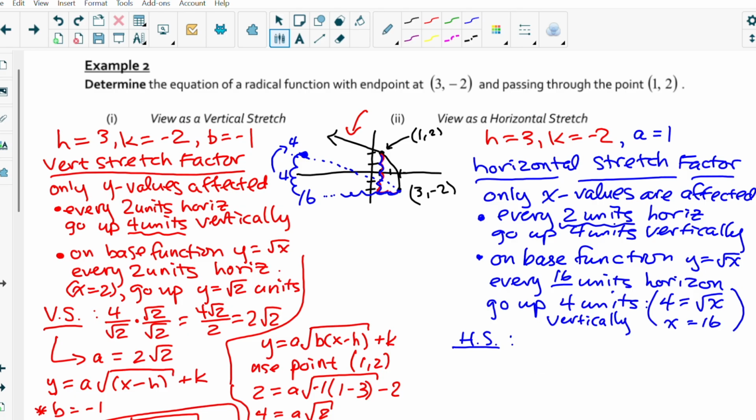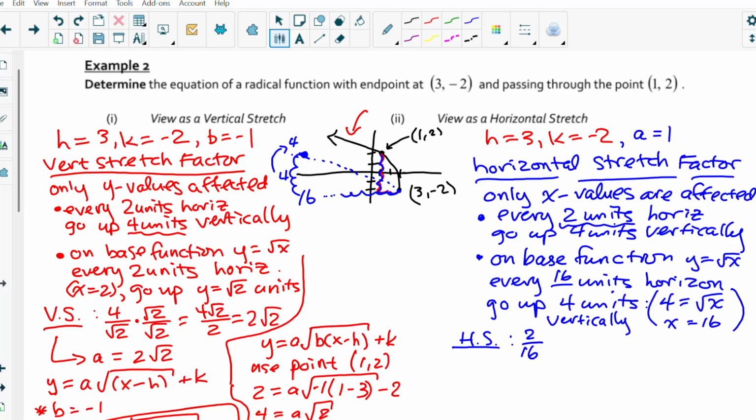And I'm transforming from the 16 to the 2. So every 2 units horizontally on the transformed function, I'm going 16 units horizontally on the base function.